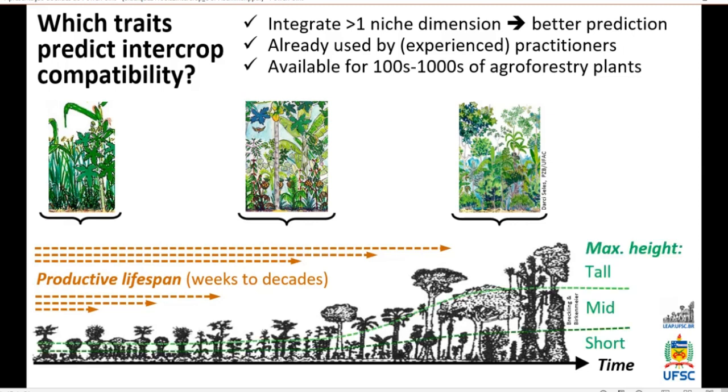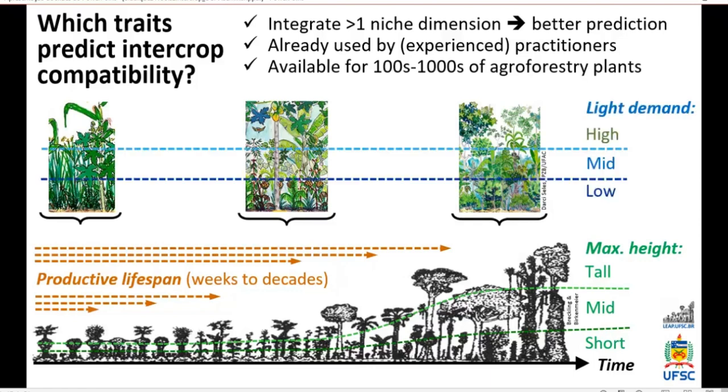And another key trait is maximum height. And again, maximum height in a productive sense. So if we harvest a plant or if we manage a plant through pruning that's lower, that ideally produces well in lower stature, then we should incorporate that in our modeling of intercropping.